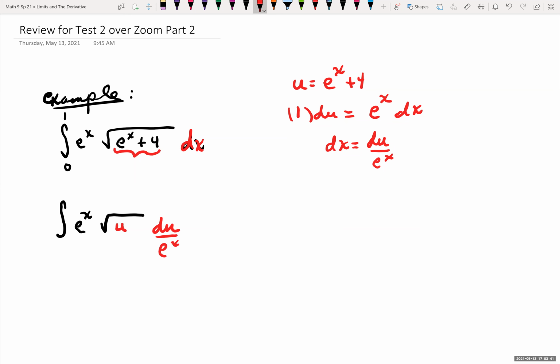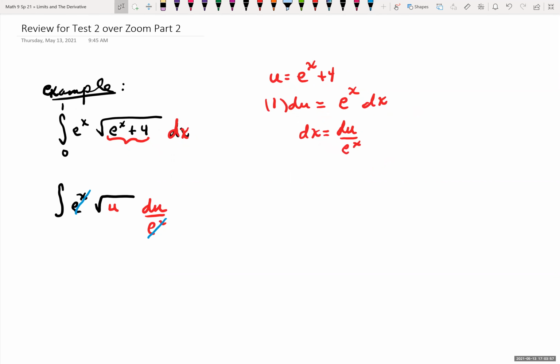Notice here that the terms with the x in it cancel out, and we need that to happen so that the integrand is just in terms of what we chose as our variable of substitution. In our case, we usually do u.